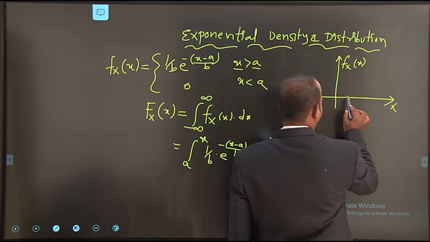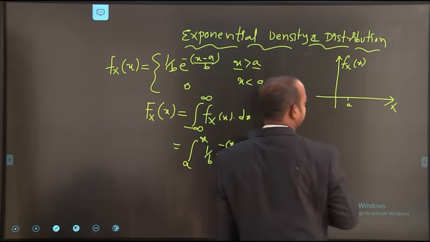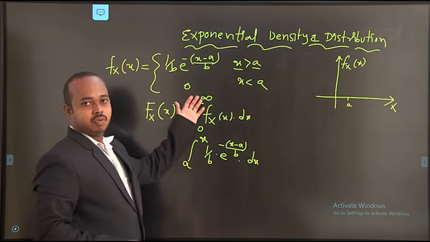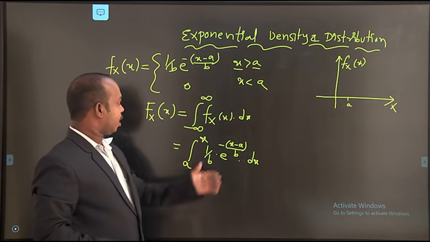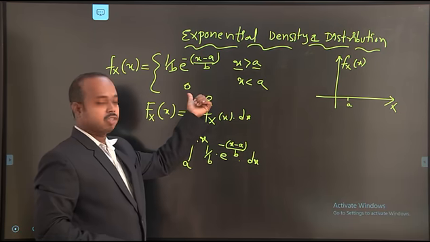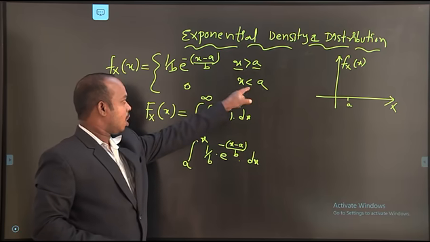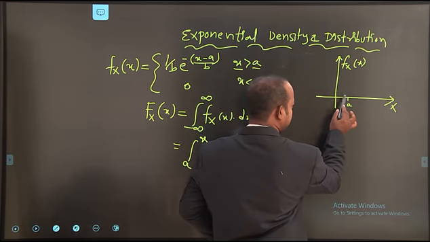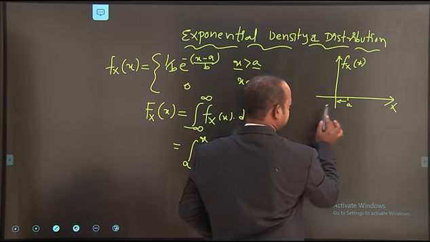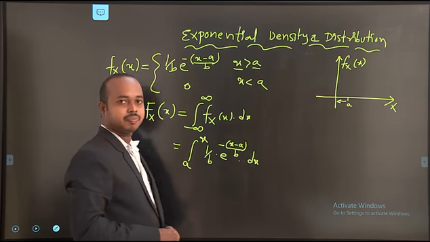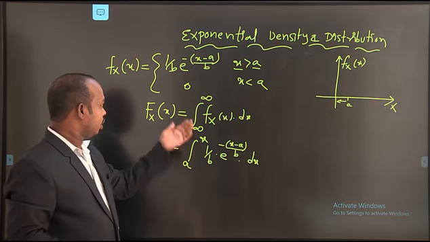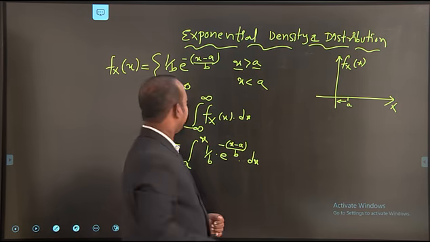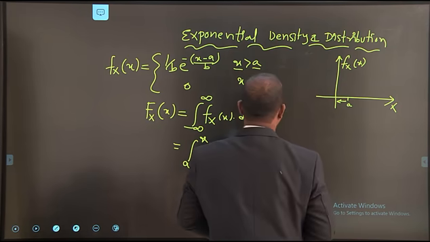Then I indicate the a value. According to the definition of the exponential density function, the value is 0 where x is less than a.